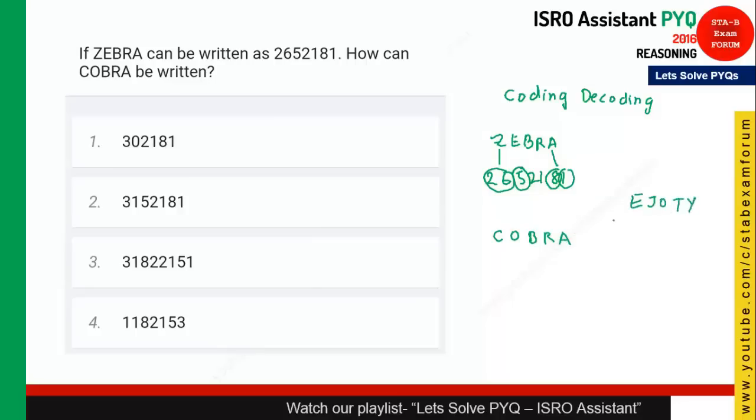With the help of this shortcut, you can find the position of the alphabet: 5, 10, 15, 20, 25. C stands for 3. All options have 3, so we can eliminate option 4. Then O's position is 15, so 1, 5 should be there. Out of these, option 2 has 3, 1, 5. So we are left with option 2, and option 2 is the right answer.